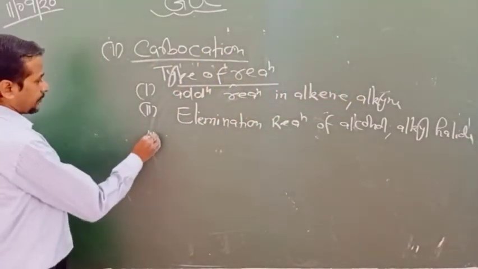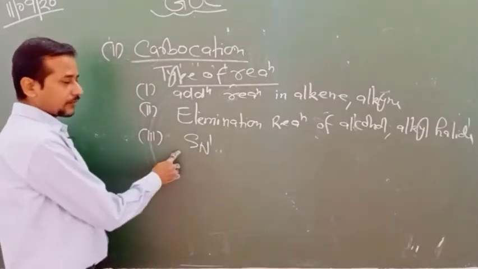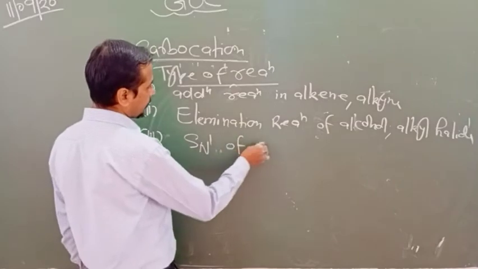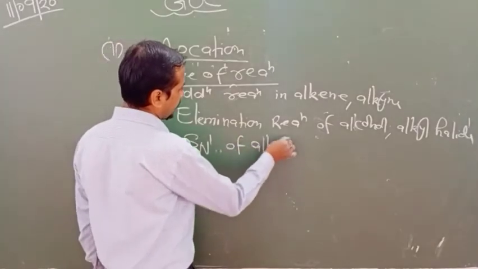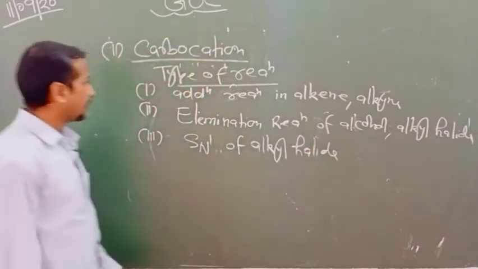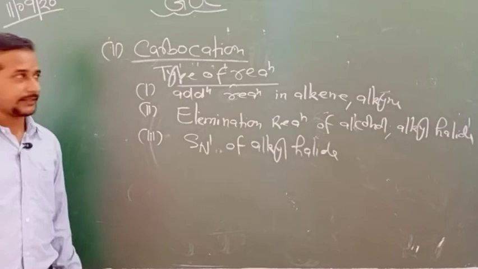Then SN1 reaction, that is substitution nucleophilic first order kinetics. SN1 reactions of alkyl halide. So these are the common reactions where carbocations are intermediates.